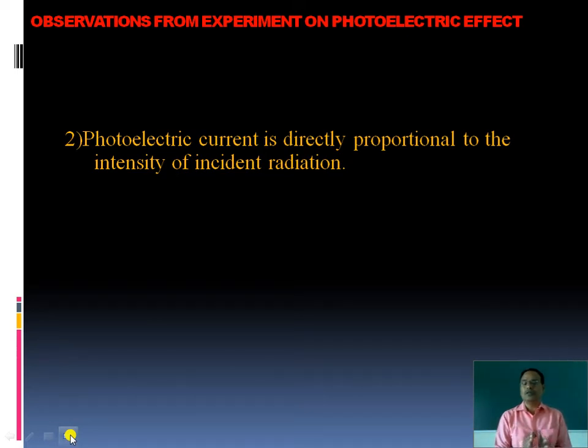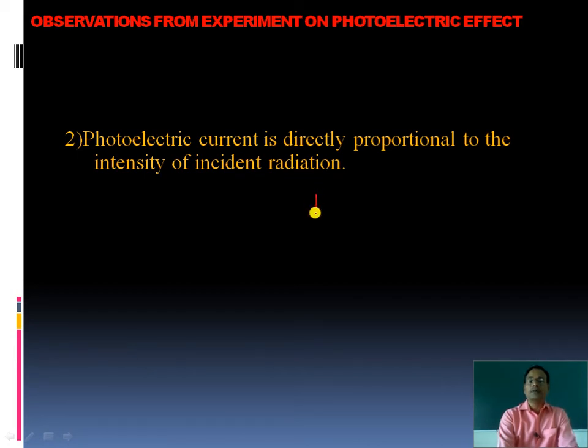It is the radiant energy incident per unit time per unit area. It is also the number of photons incident on the plate per unit time per unit area. So it is observed that photoelectric current is directly proportional to the intensity of incident radiation.